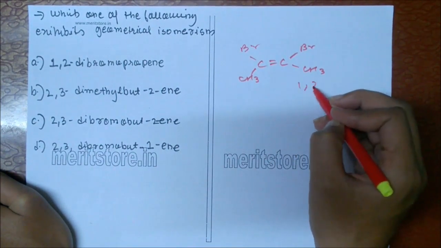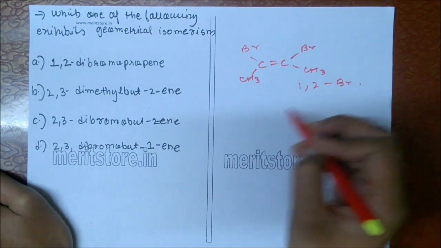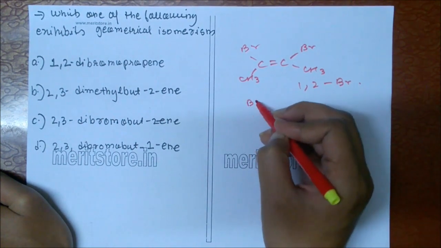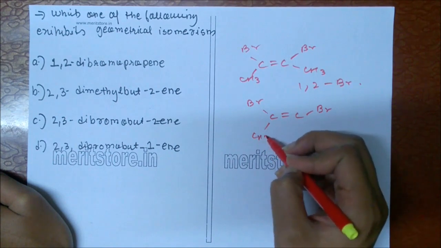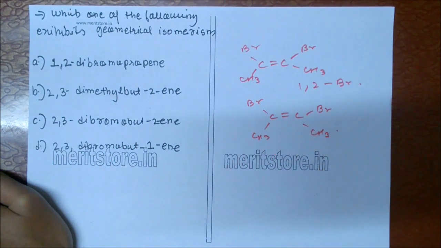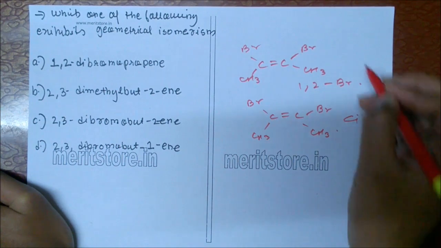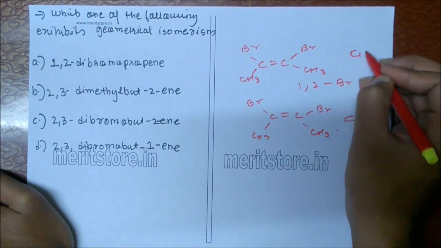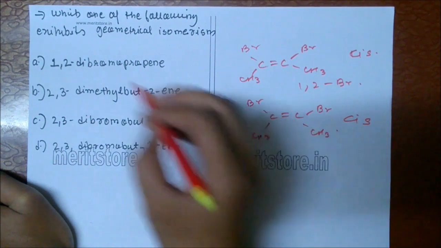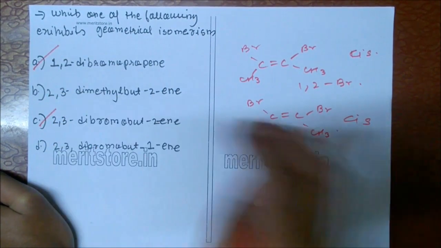This is 1,2-dibromopropene, and another compound, 2,3-dibromobutene, also shows geometrical isomerism. This one is the cis form and this one is also the cis form. The trans form is not in this example. So both options A and C are correct.